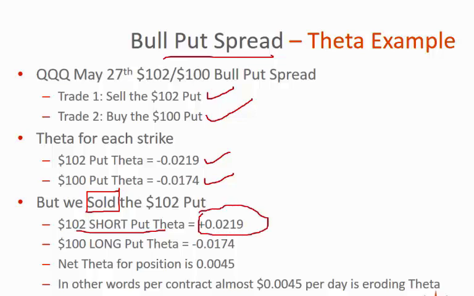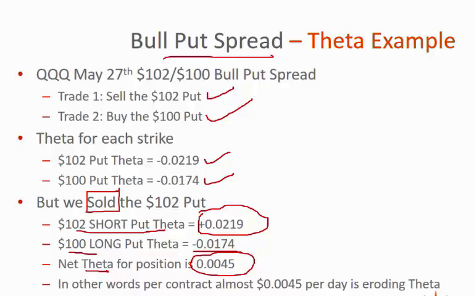So it's positive 0.0219. We also still have our long $100 put position, and the theta was negative 0.0174. So the net theta for the overall position is 0.0219 minus 0.0174, which gives you a positive theta of 0.0045. What does that mean?